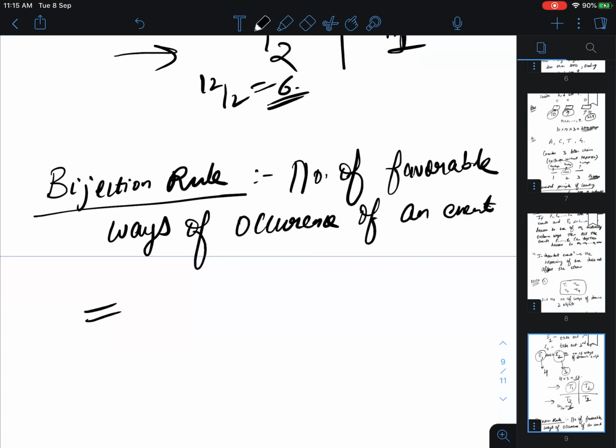It is just an alternative way of solving questions. Sometimes direct computation may not be possible, so this is another way of solving questions, and we will see a lot of examples of this.